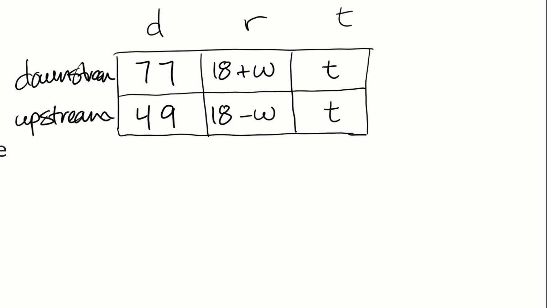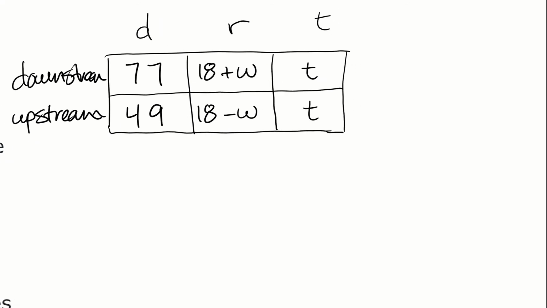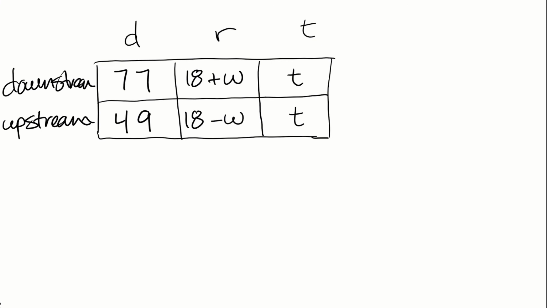So if I want to write a system, we've talked about the relationship between these. If I take a distance, like say 5 miles, and I multiply it by a rate, like some number of miles per hour, when I multiply those, my miles are eliminated.